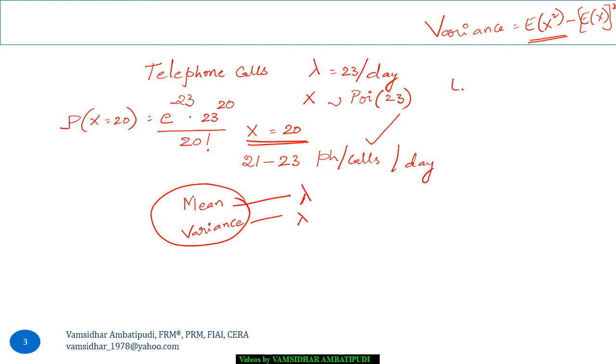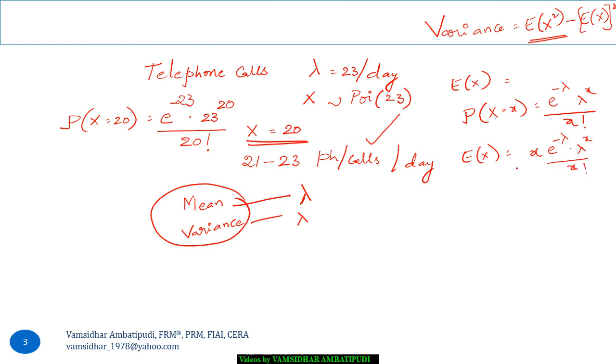Once you know the probability distribution function, the expected value is obtained by multiplying with x and summing over all values of x from 0 to infinity.